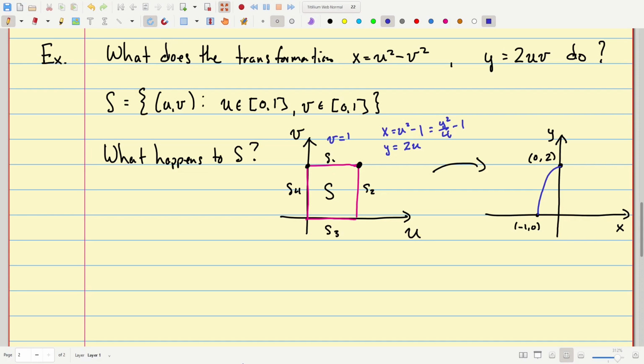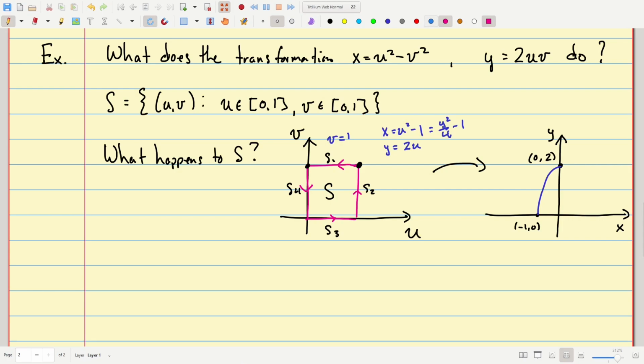You continue this process for the other 3 sides. You'll get the boundary to map over. We can follow the orientation here of the sides. We have a tendency to map this in a counterclockwise fashion.